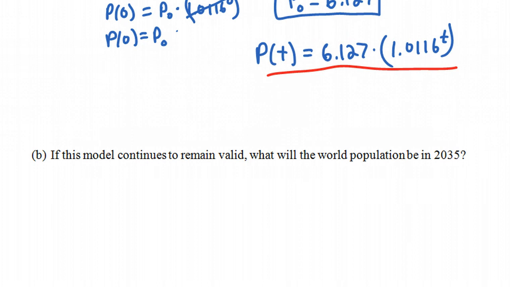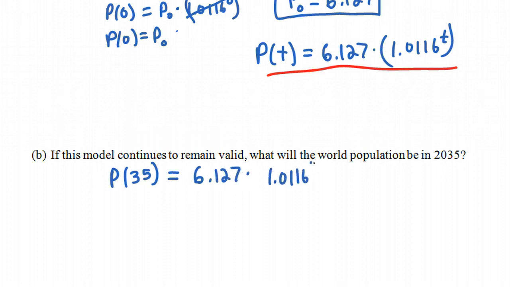It says if this model continues to remain valid, what will the world population be in the year 2035? So what we want to find is p of 35. So let's take our model here, 6.127 times 1.0116 raised to the 35th power. We had already found the p sub 0 in the previous video, so we're just going to use the formula we have.